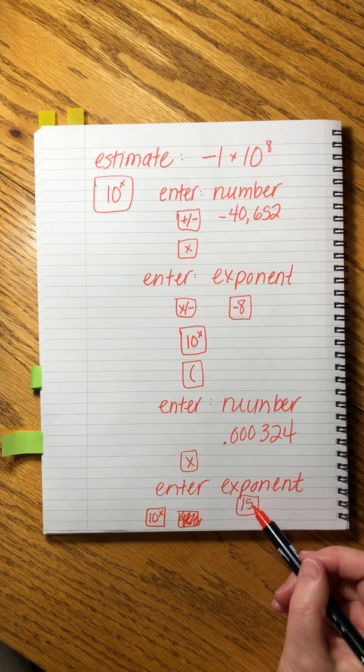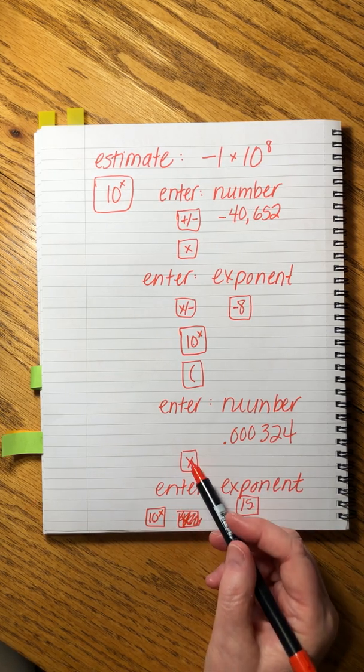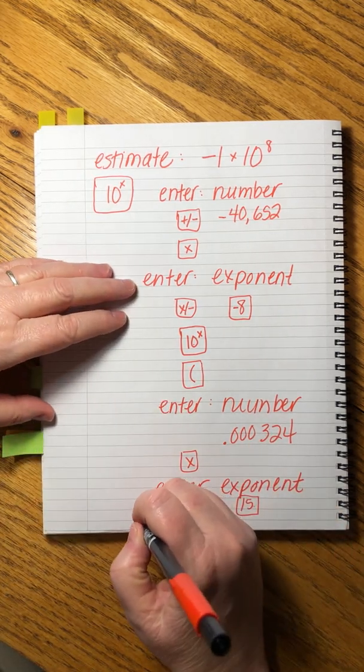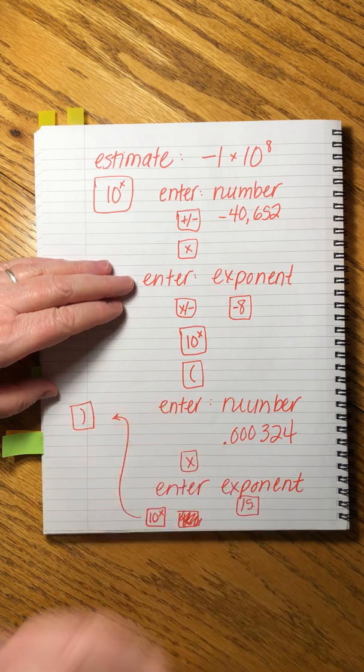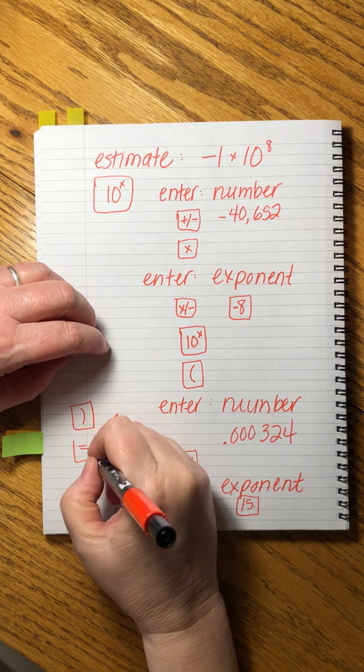That takes this last number you entered, puts that in as the exponent, and then multiplies it by that, right? It does the whole thing. Then you need to close the parentheses and hit equals.